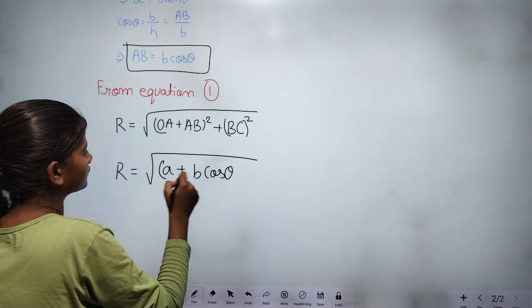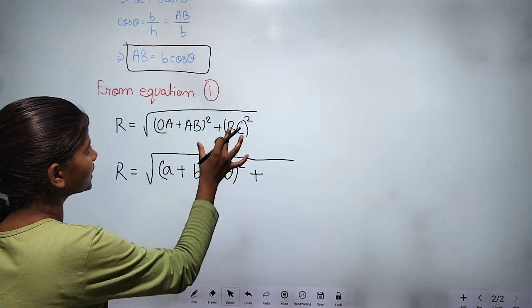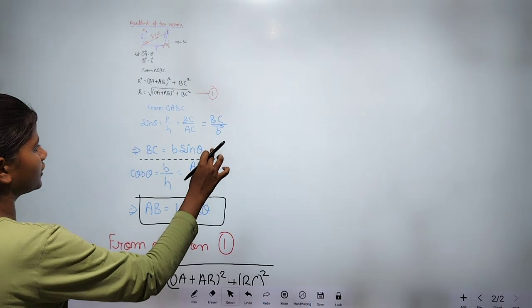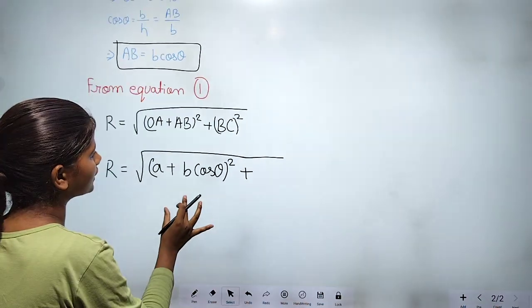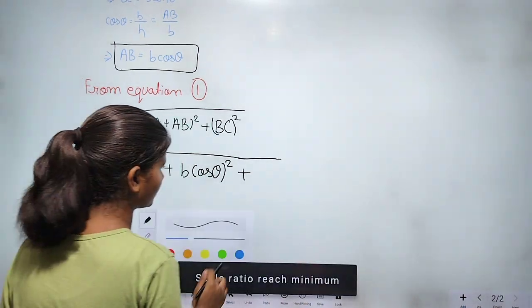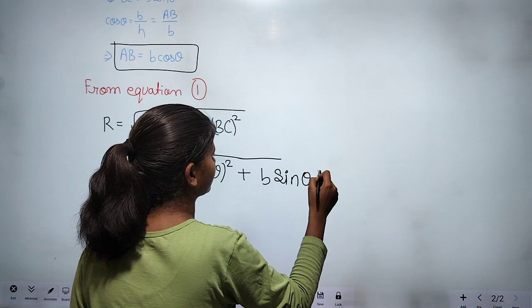Plus BC is equal to B sin theta. So here we can write on the place of BC is B sin theta. Clear?